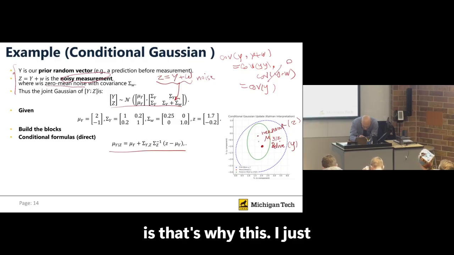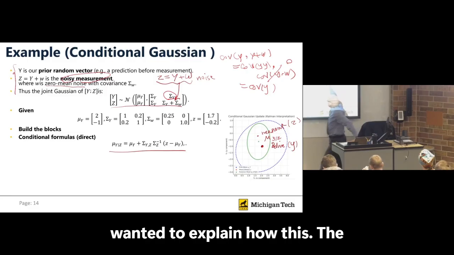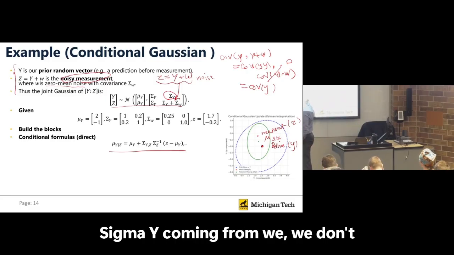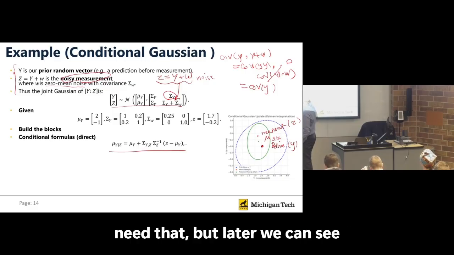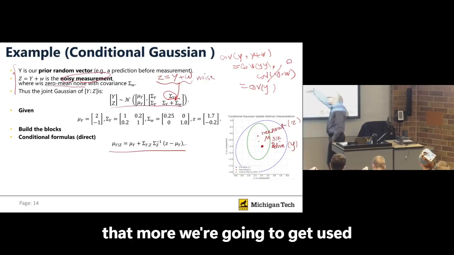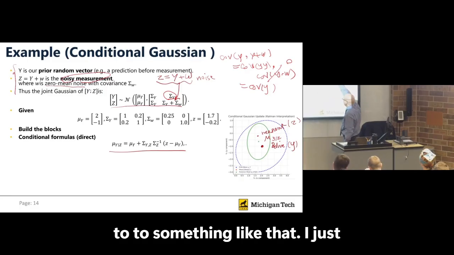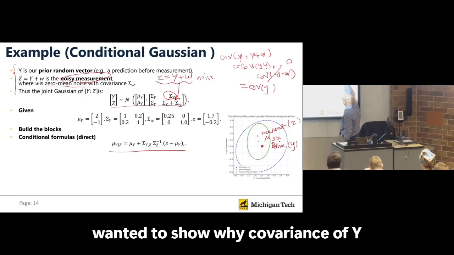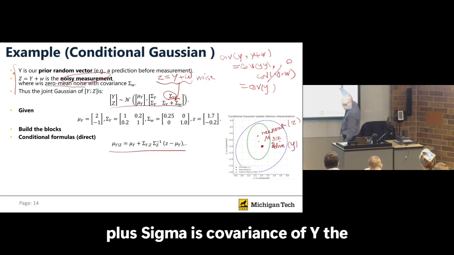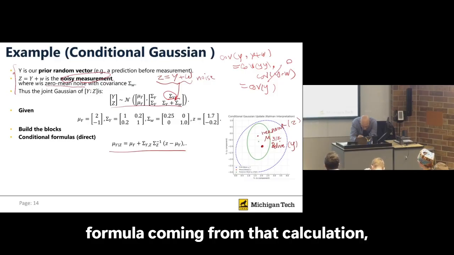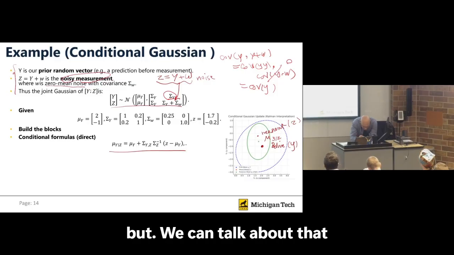I just wanted to explain where this sigma y is coming from. We don't need that, but later we can see that more. We're going to get used to something like that. I just wanted to show why the covariance of y plus w is the covariance of y. The formula comes from that calculation, but we can talk about that later as well.